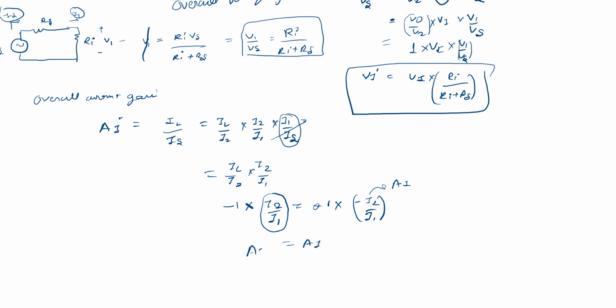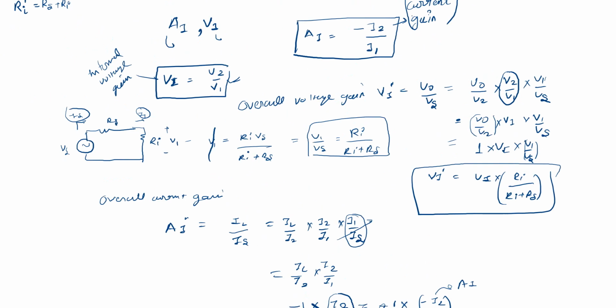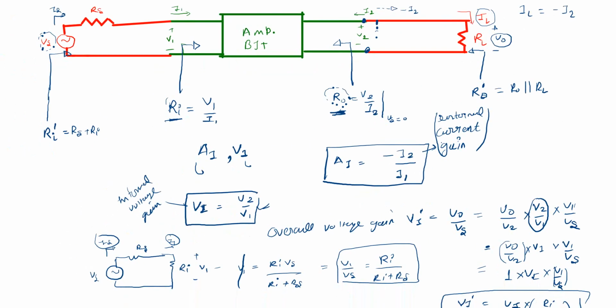Alright, so what we have seen here is that if there is no parallel resistance, then you can say directly the current gain will not change. If you have a resistance in this network in parallel with the RL, then the current will be divided, and your current gain will change.